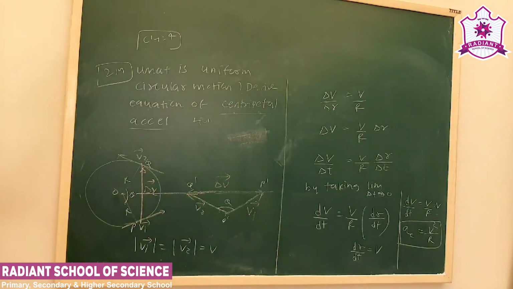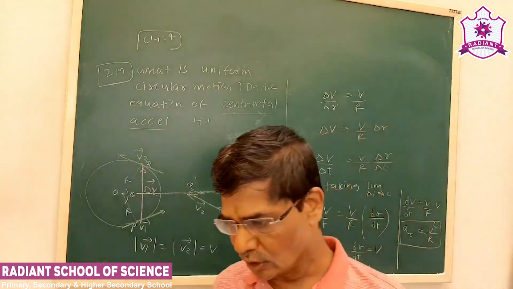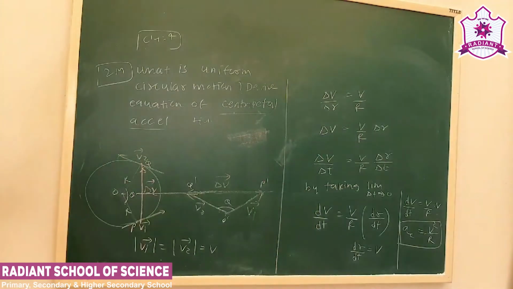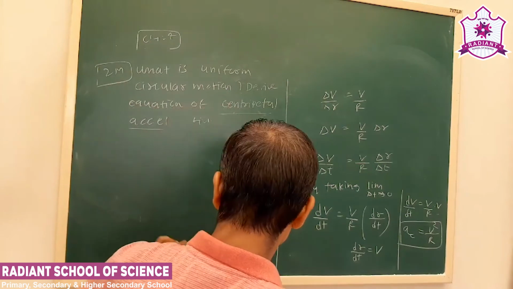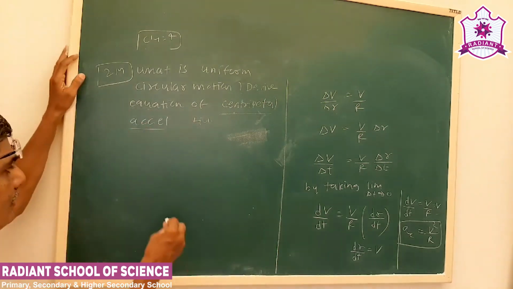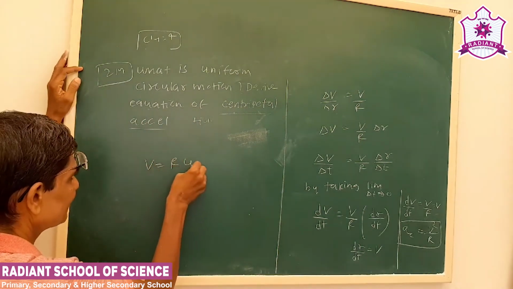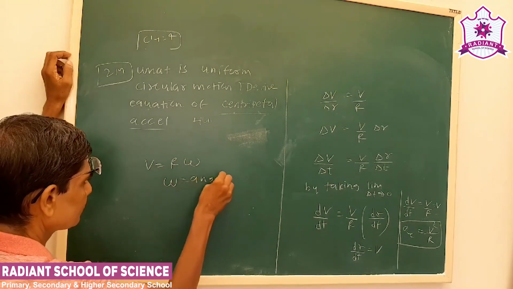Now see, later on we'll study rotational motion also. That will be in lesson number 7. So there are some useful relations, which we will use at that time. Right now we just have an idea of that. See, in a rotational motion, we have V is equal to R omega, where omega is angular speed.